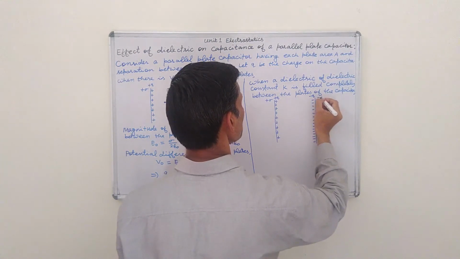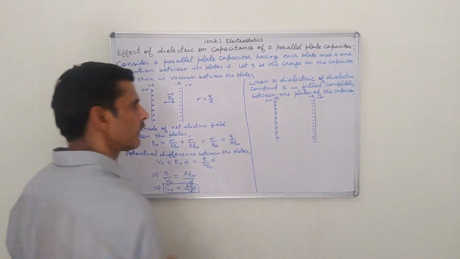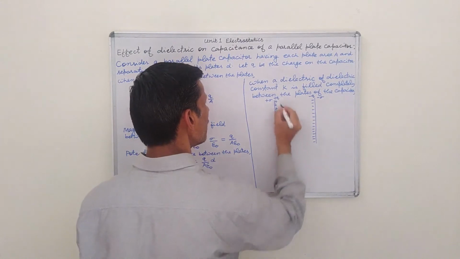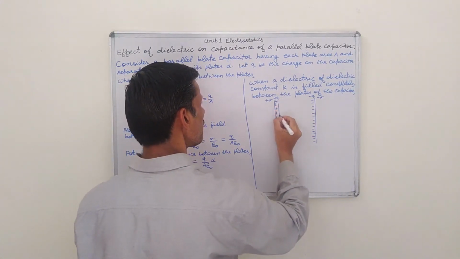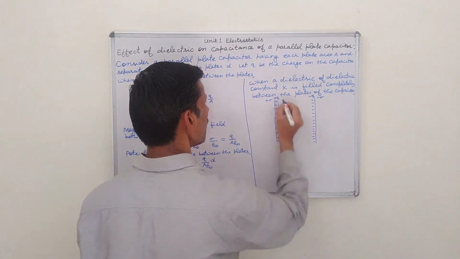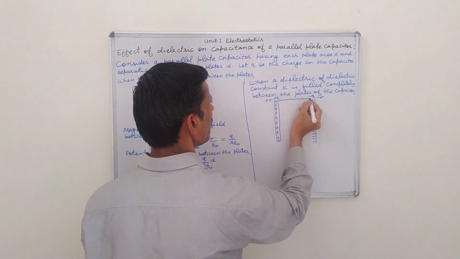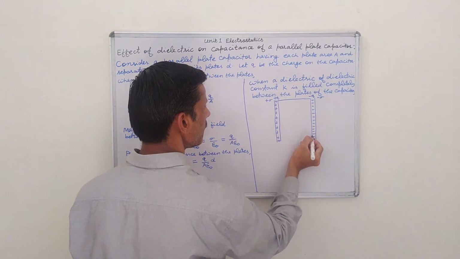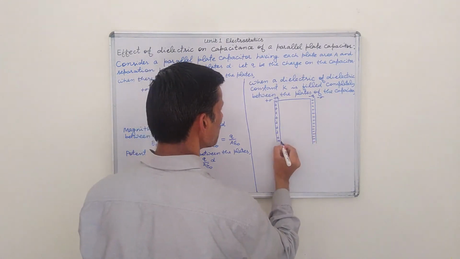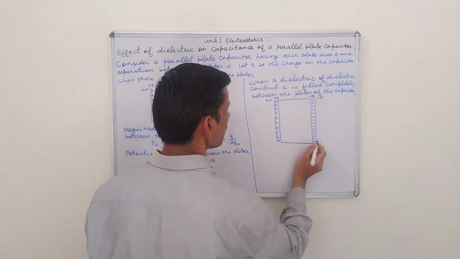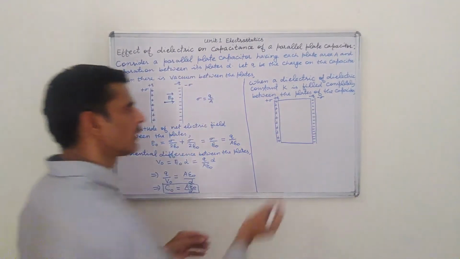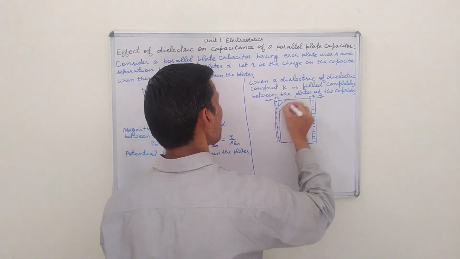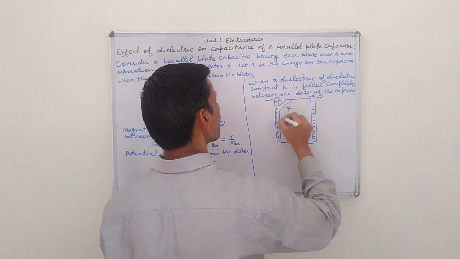Surface charge density minus sigma. And a dielectric, it is filled in the space between the plates. And this dielectric has dielectric constant K.